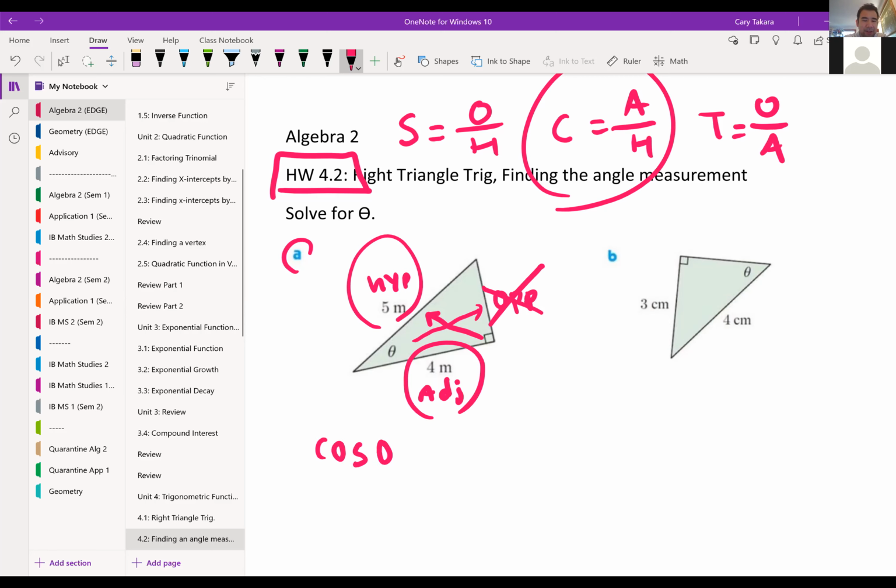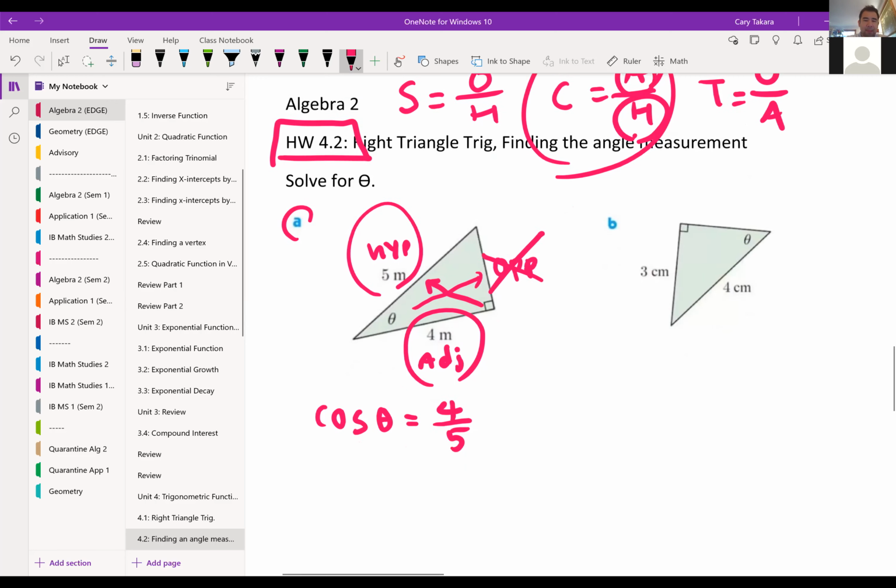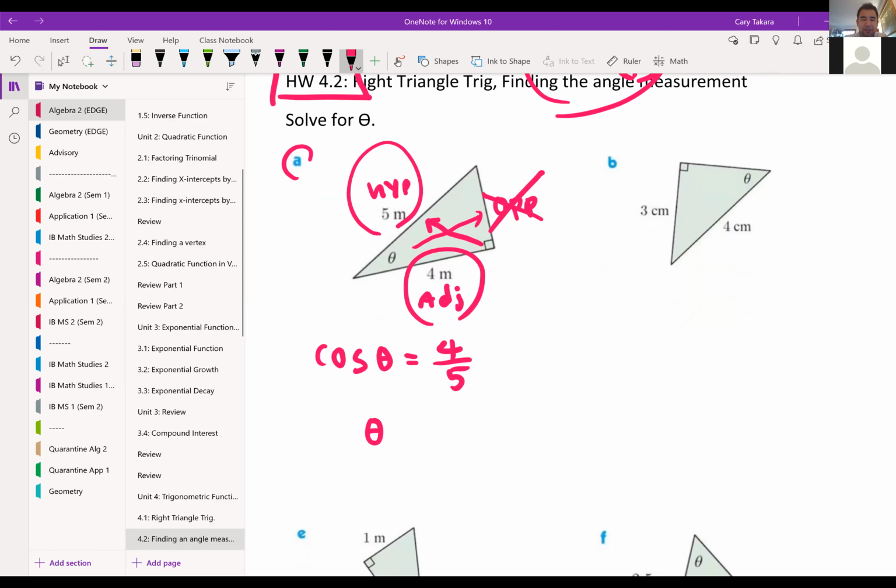Cosine of theta equals adjacent over hypotenuse, right? So it's 4/5. And so theta is inverse cosine of 4/5.